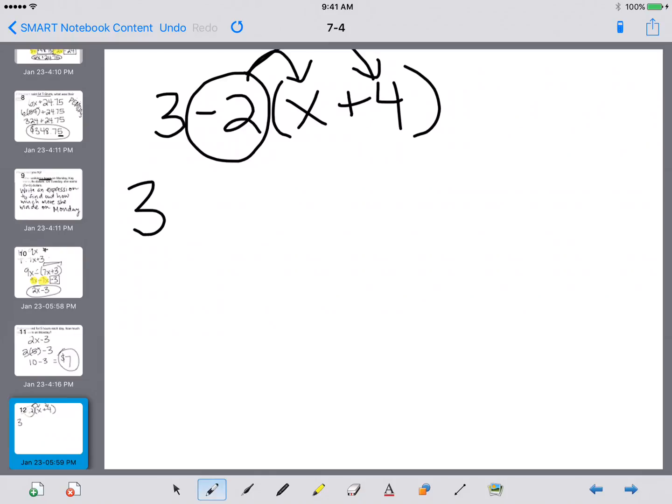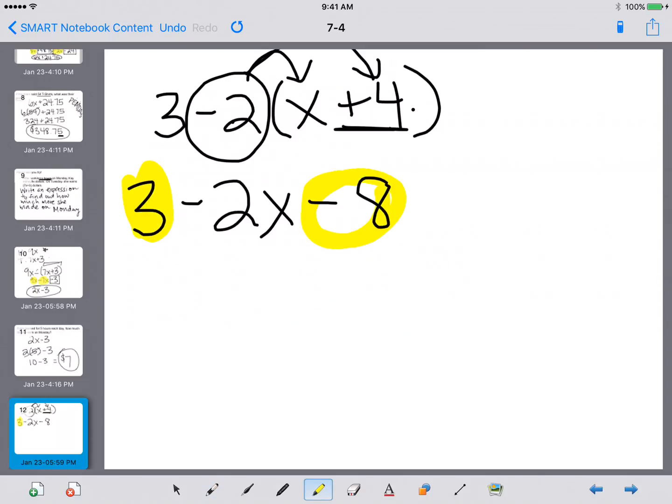When we distribute, we multiply, because remember, a number next to a parenthesis means times. So negative 2 times x becomes negative 2x. Negative 2 times positive 4 becomes negative 8. Combine your like terms.